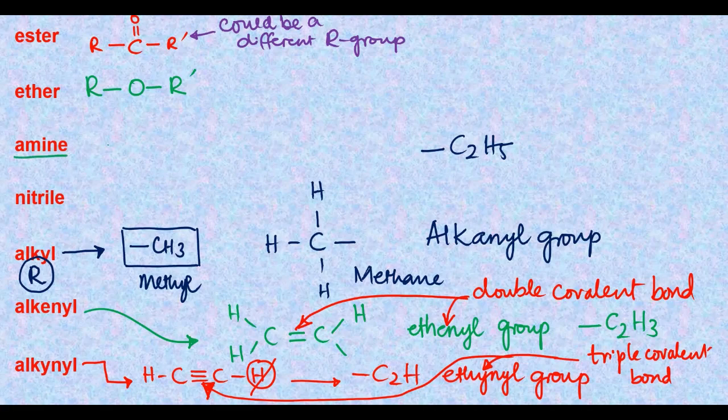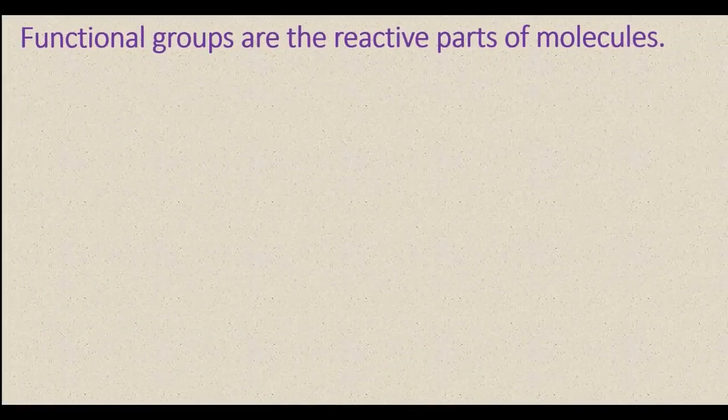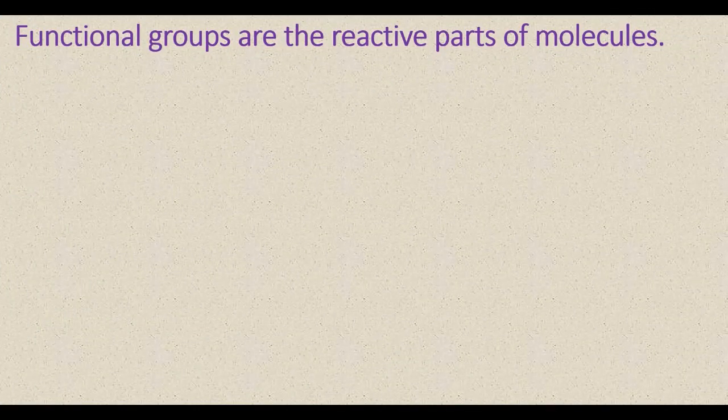Amine we already have talked about, an R group attached to an NH2. And nitrile is the carbon linked to the nitrogen by a triple covalent bond having an R group. Alkyl, alkenyl, and alkynyl groups are already discussed. It is very important to notice that the functional groups are the reactive parts of a molecule.